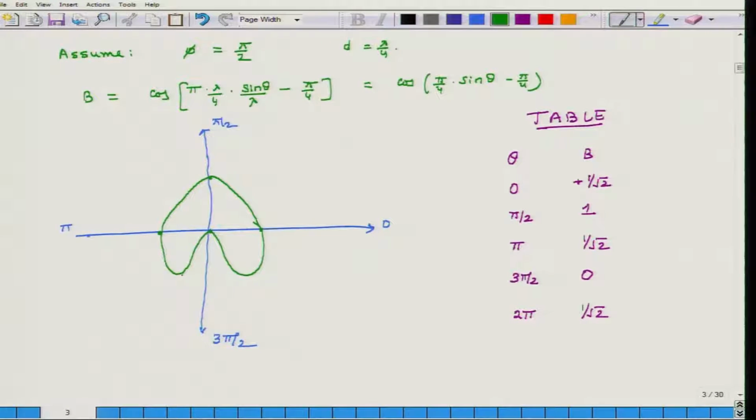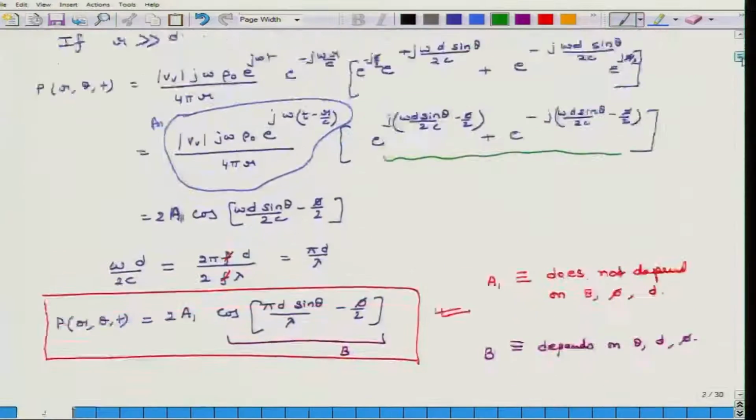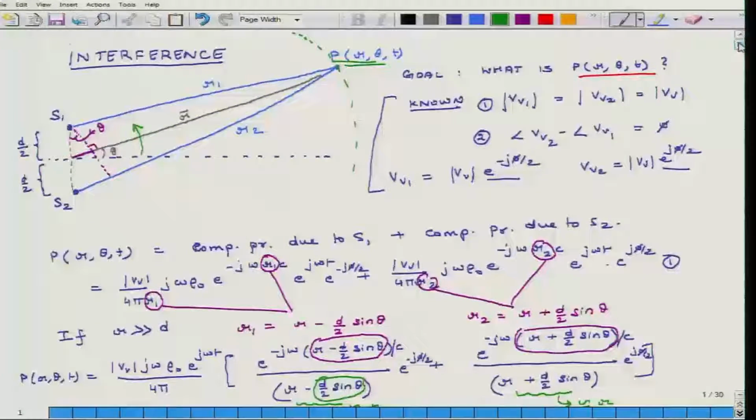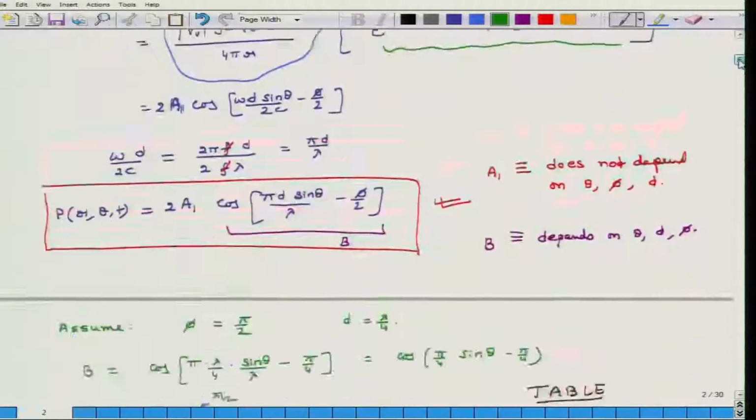Now, this dip on the negative side is not that sharp, it will be a little softer dip, but the point is, this is the plot for B and what this says is that if point B is located at theta equals 90 degrees, which is here, then it will hear the maximum sound pressure level, because the value is 1 here.